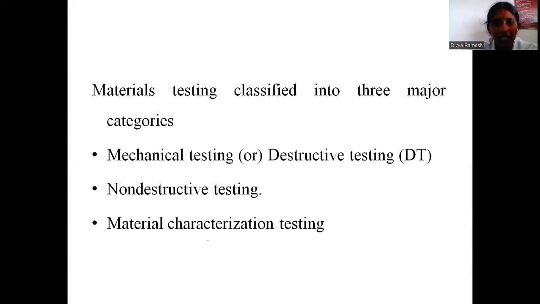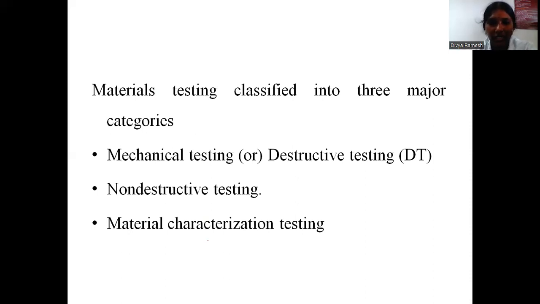Destructive testing means the material taken under analysis will be destroyed. Once the specimen is subjected to a test, that specimen cannot be used for further manufacturing processes. That is destructive testing. In non-destructive testing, the specimen subjected to the testing process can be reused after the testing process. That is non-destructive testing.